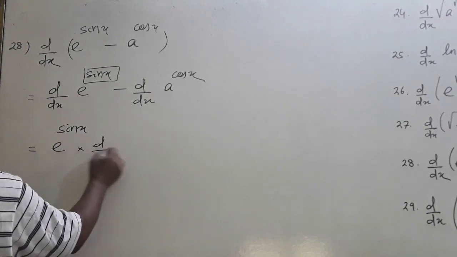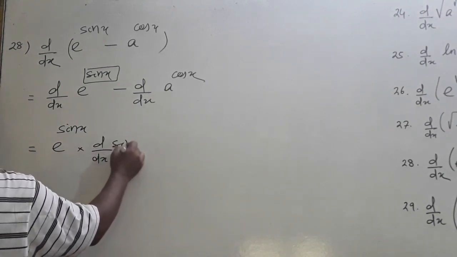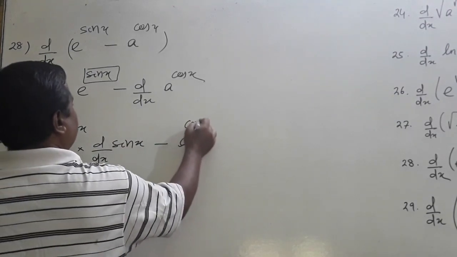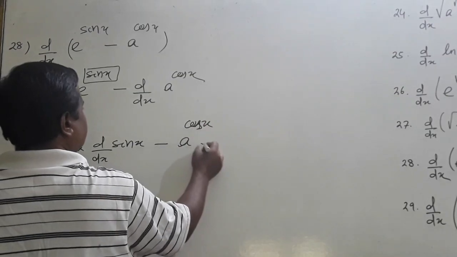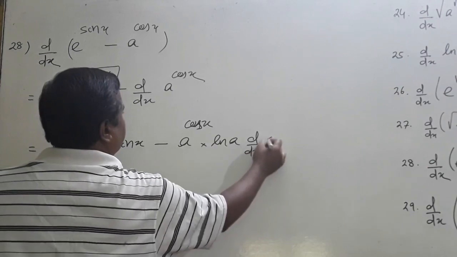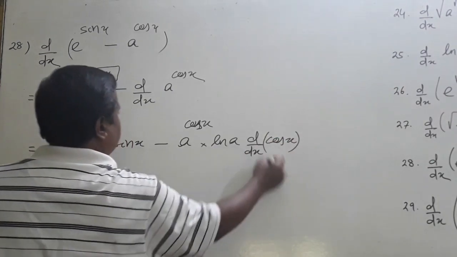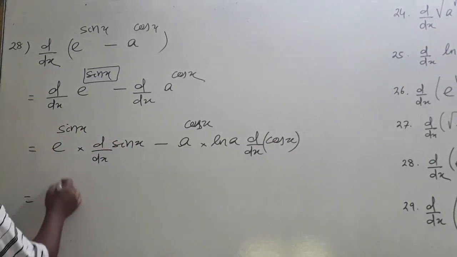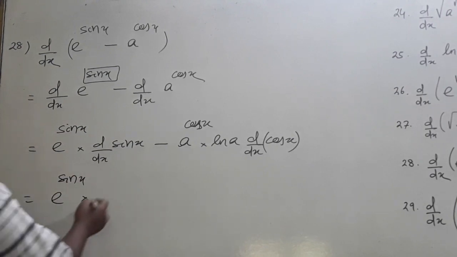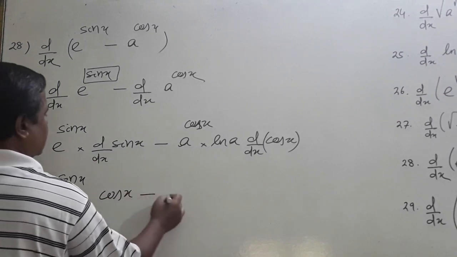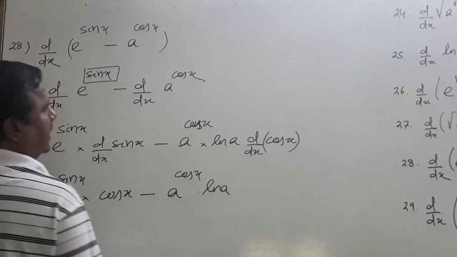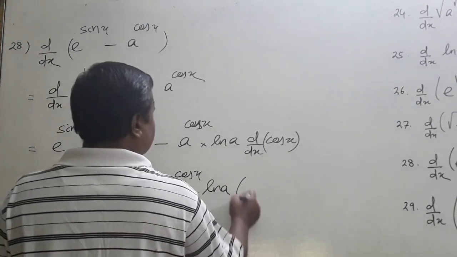Then minus a to the power cos x into ln a into d/dx of cos x. The answer will be e to the power sin x into cos x, minus a to the power cos x into ln a. What is the derivative of cos x? It is minus sin x.